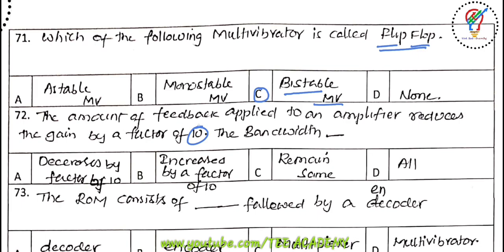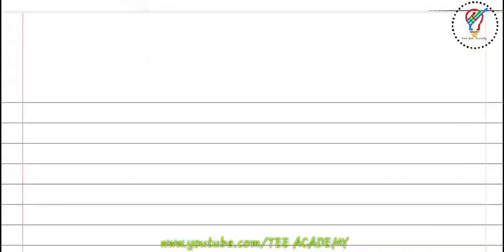The amount of feedback applied to an amplifier reduces the gain by a factor of 10. The bandwidth is dash. So the simple answer for this question, let me take the 72nd question. What they asked is to find what will happen to the bandwidth.